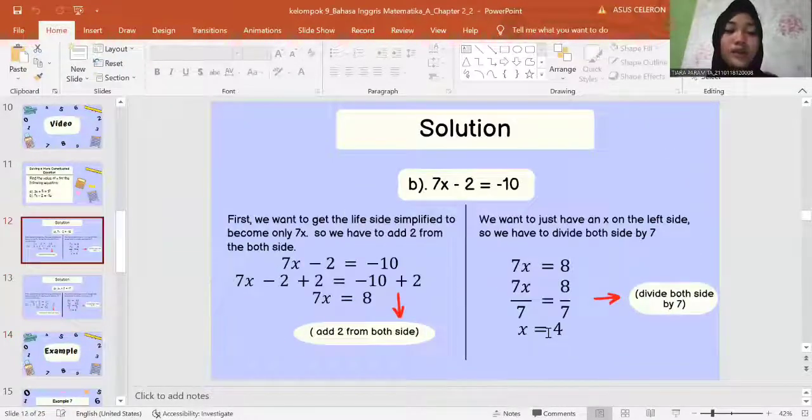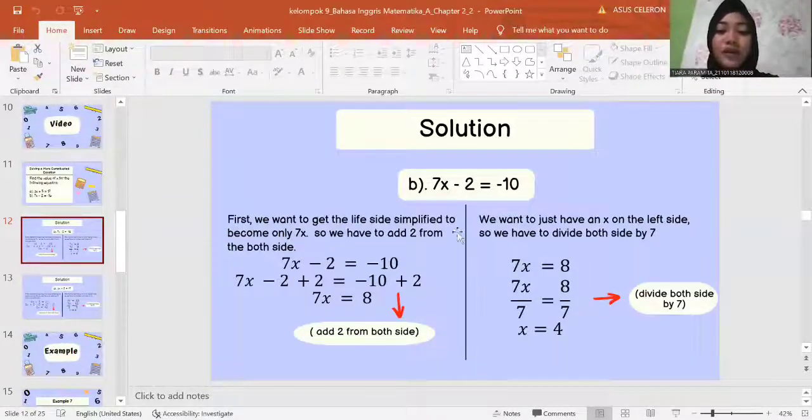Okay, B, 7x minus 2 equals minus 10. First, we want to get the left side simplified to become only 7x. So we have to add 2 to both sides. 7x minus 2 plus 2 equals minus 10 plus 2. 7x equals minus 8.